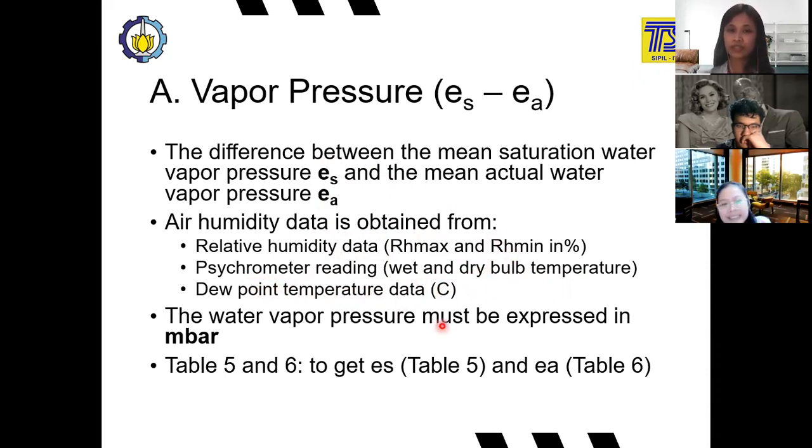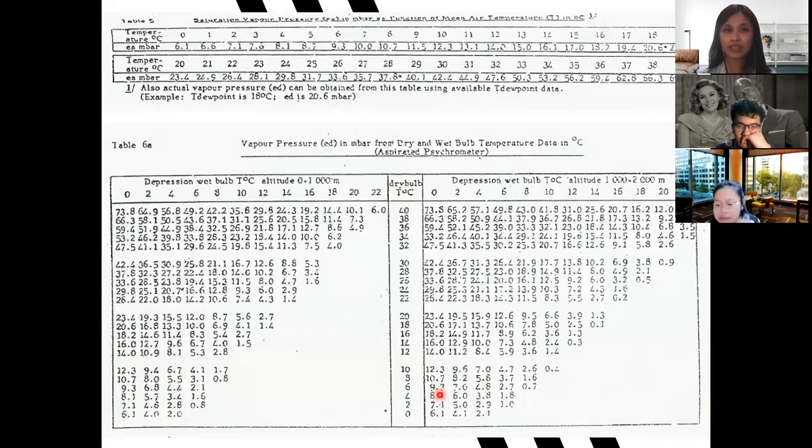So from these three things, we can know the humidity, and then we can also know the vapor pressure. The water vapor pressure must be expressed in mbar unit.